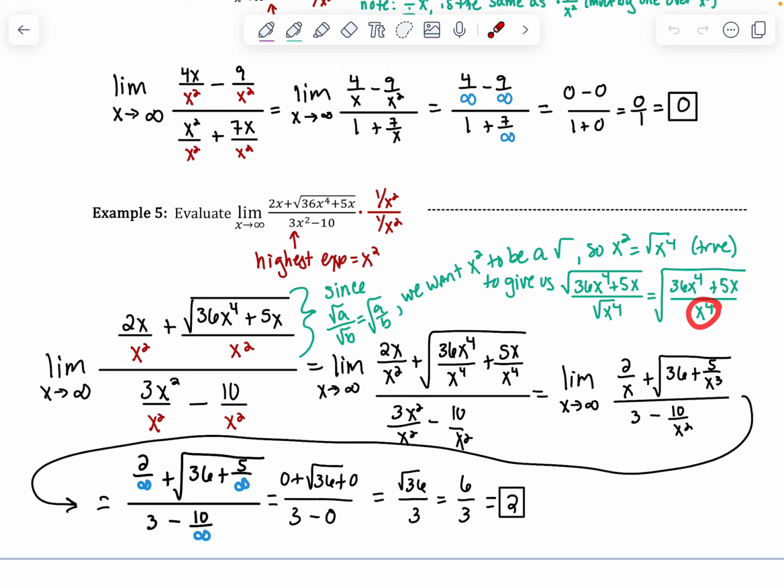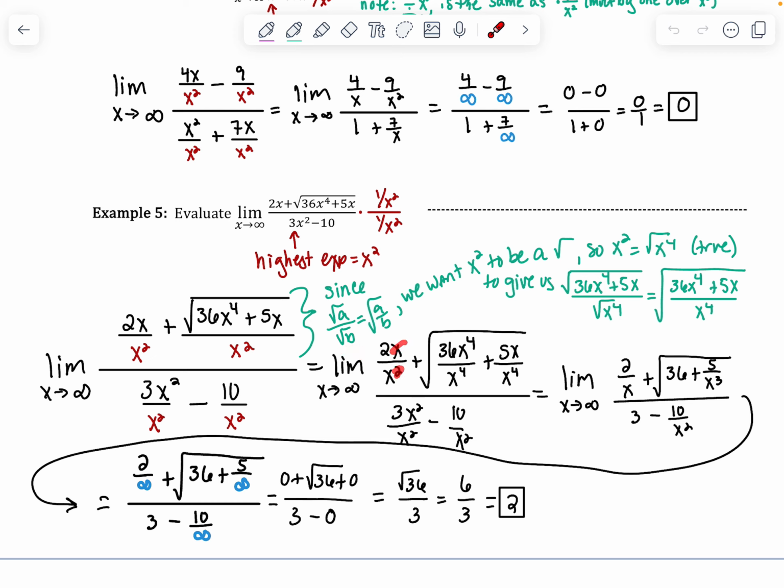And then, of course, because this is a monomial, I can divide each term separately by that monomial. So that's what we're going to do. We can kind of just jump to putting that x to the fourth inside the radical, but notice it's x squared everywhere else. And again, we still have our limit out front.